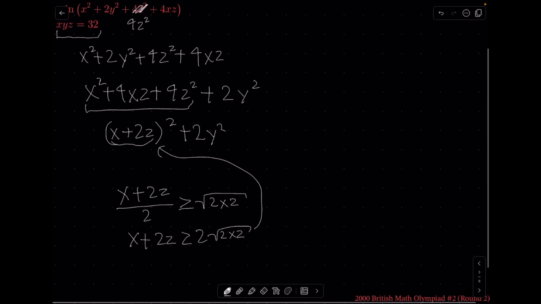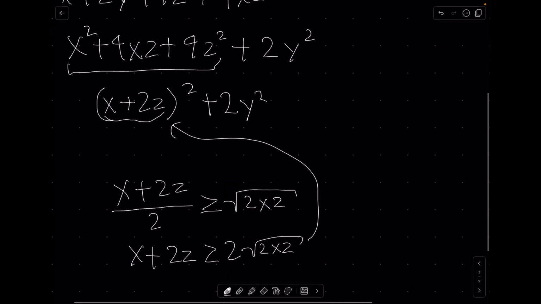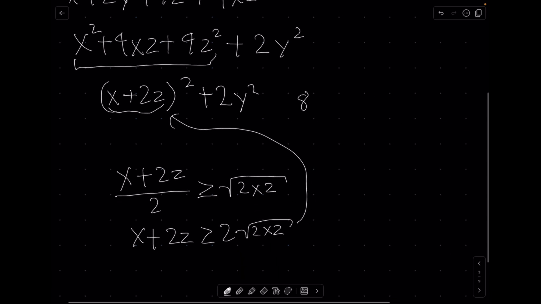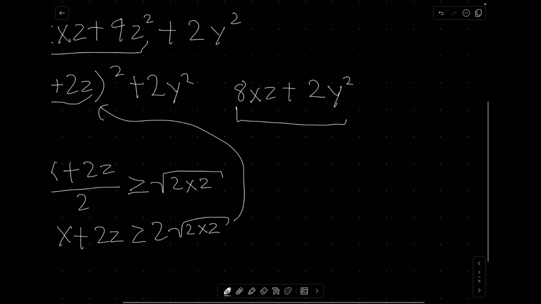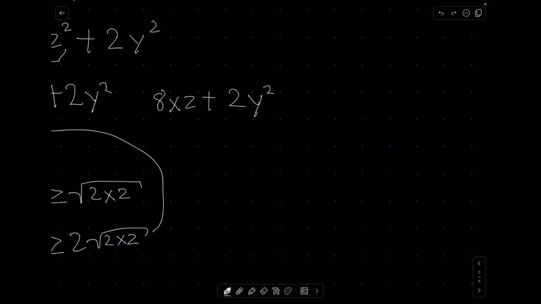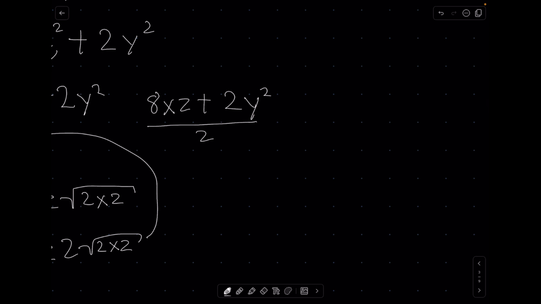Since it's asking for the minimum, we obviously want to minimize everything that we can. So we're going to put this back in here, and when we square that, we'll get 8xz plus 2y squared. And now, if we just do AM-GM on this, actually, let's just do that really quickly. We're going to get 8xz times 2y squared. We have an extra y term, and that's not very helpful to solve the problem.